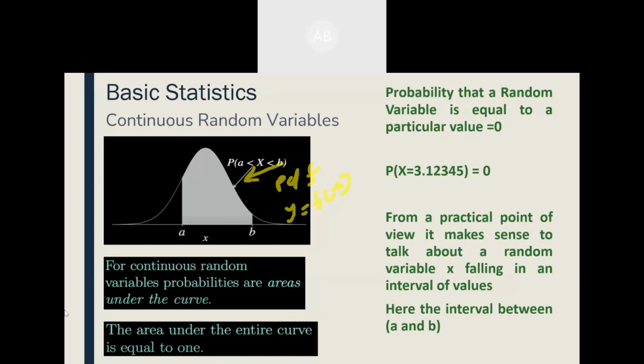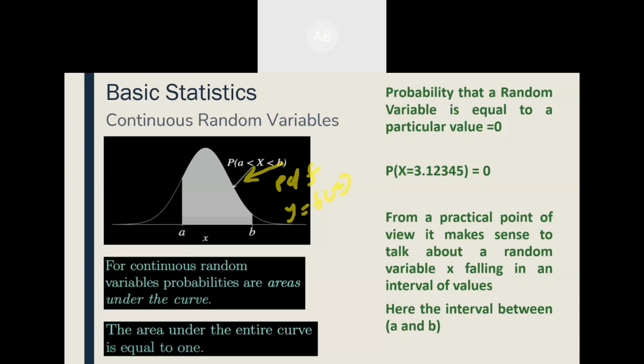Here on the screen, we are going into some depth on the continuous random variable. This is very interesting. For continuous random variables, when you have a function, the probability for individual values is actually 0.